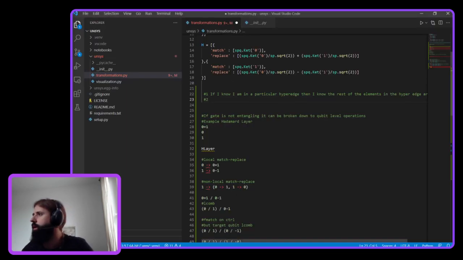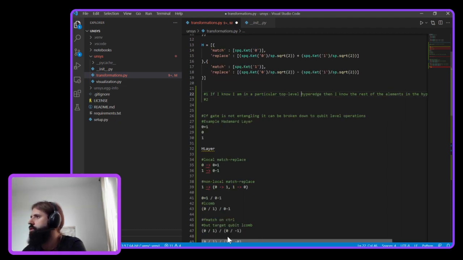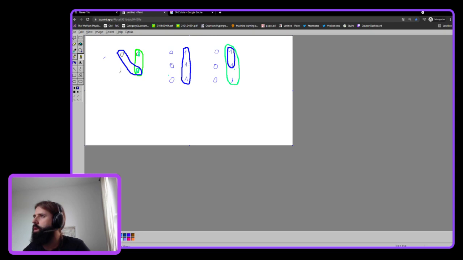Then I know the rest of the elements in the hyperedge are true. I don't know how I would formally describe these things, right?